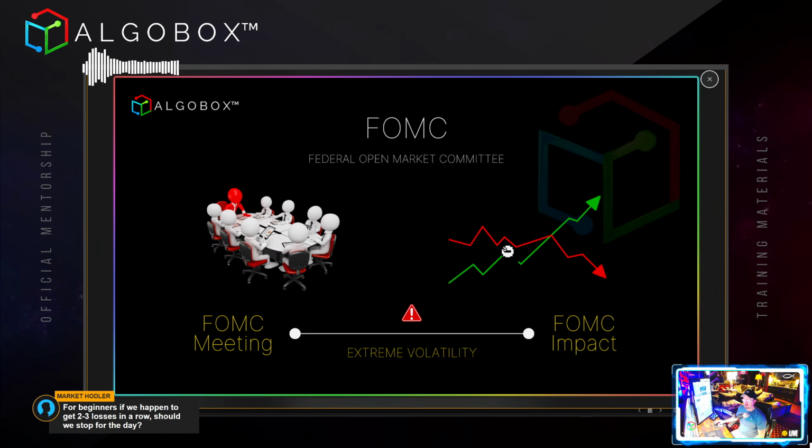Okay, FOMC, what I like to call fear of market conditions. Now, that's not what FOMC actually stands for. It stands for Federal Open Market Committee. I know, but I like to say fear of market conditions because on FOMC day, wild things can occur.